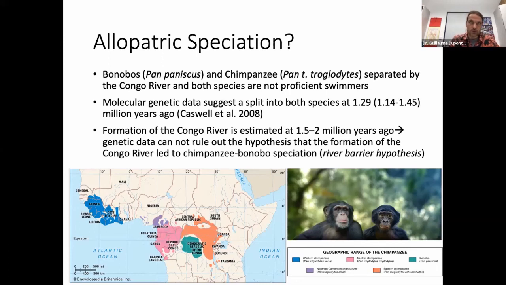But if this is true, genetic data cannot rule out the hypothesis that the formation of these two species is related to vicariance by the formation of a river, splitting two originally combined populations. And this is called the river barrier hypothesis in general, which goes back to Alfred Russel Wallace, who worked in the Amazon in his early age. So it's a very old hypothesis.